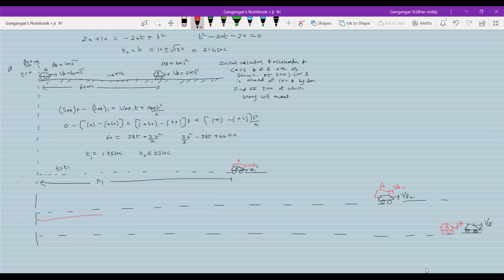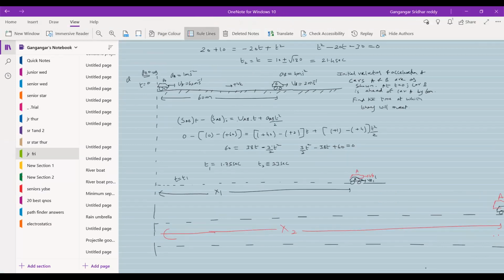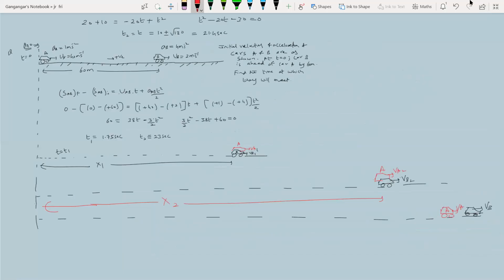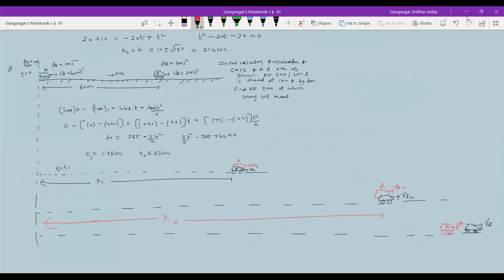And what about the distance? The distance will come like this. We'll do one thing, I'll take out the lines. Okay, now I think things are clearly visible.